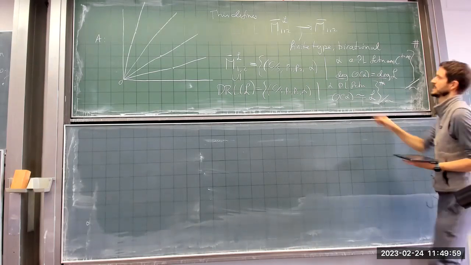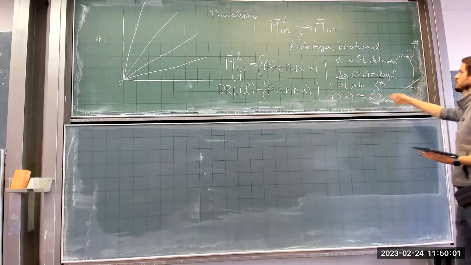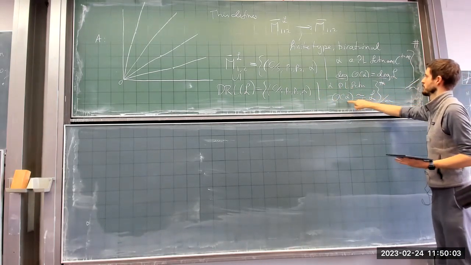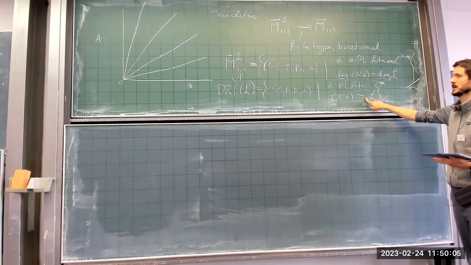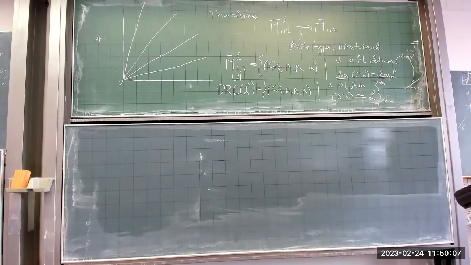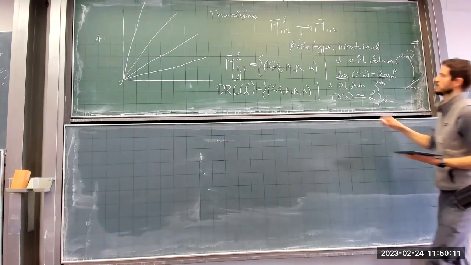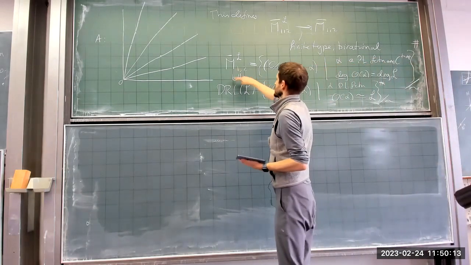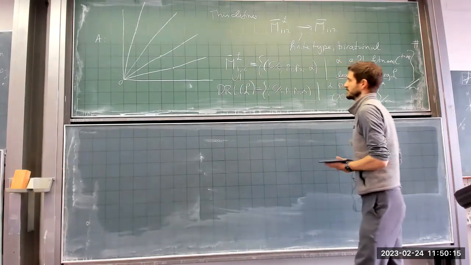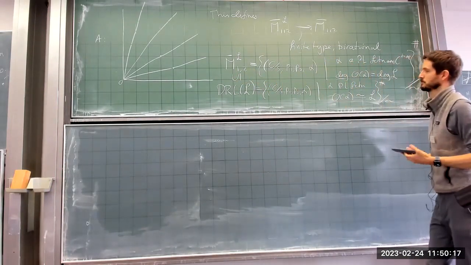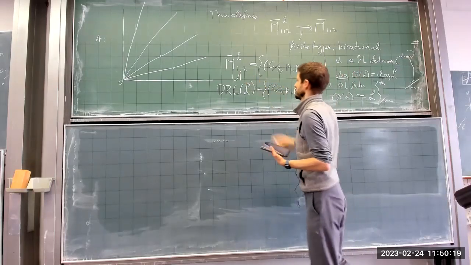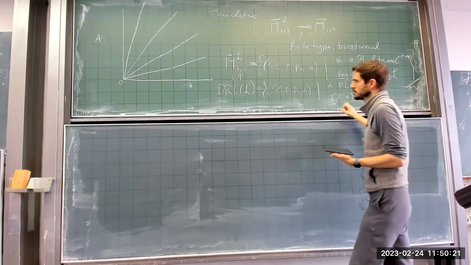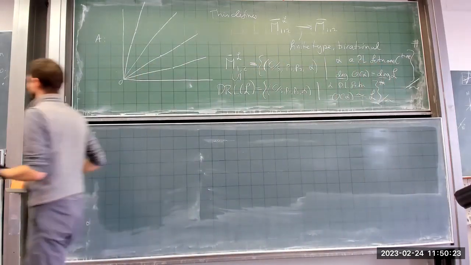And so now we just define the log double ramification locus to be the places where L is isomorphic to O of alpha, and here there's really no log. This is just an isomorphism of line bundles. And this is now just going to be a strict closed immersion. So this is no mysterious log monomorphism or whatever. This is really just a closed subscheme of this kind. And so we're in reasonably good shape.